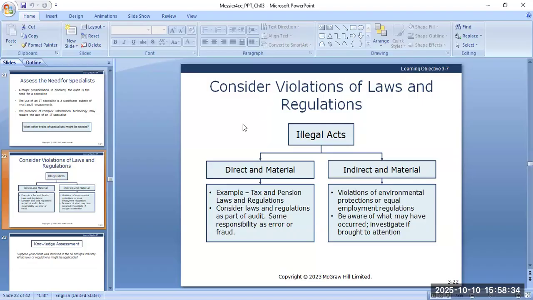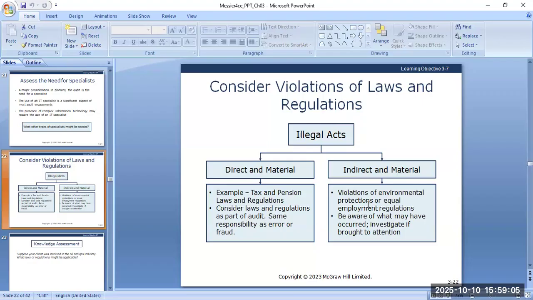Next, we have to consider the violation of law and regulation. Is there any illegal activity inside the entity? First, we're going to focus on direct and material, and then on indirect and material. Examples would be tax and pension law and regulation. If we have those, we consider the law and regulation as part of the audit.